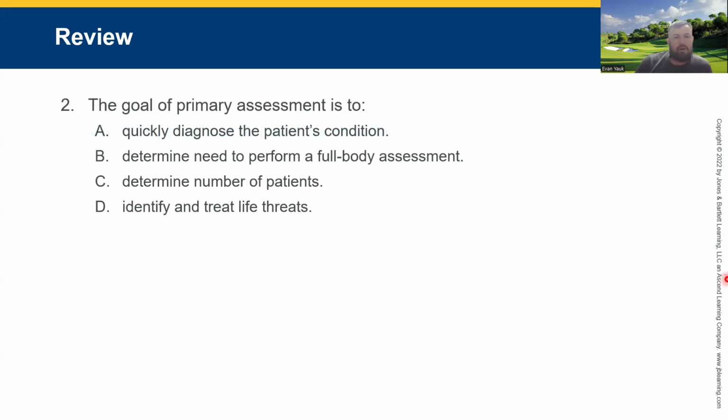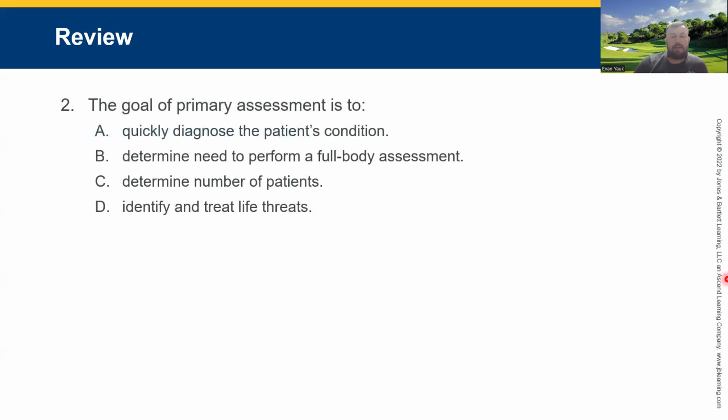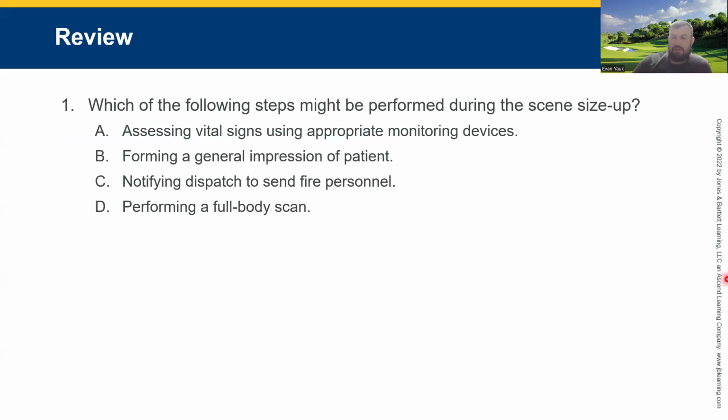The goal of the primary assessment is to quickly diagnose the patient's condition, determine needs to perform a full body assessment, determine number of patients, or identify and treat life threats. Okay, so primary assessment. We did our scene size up.